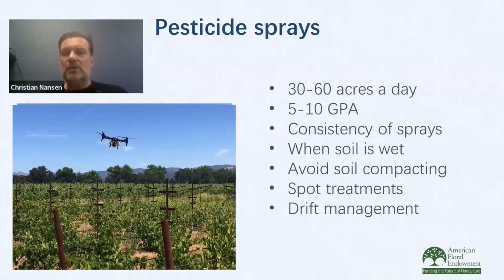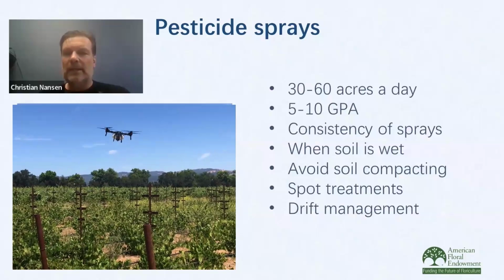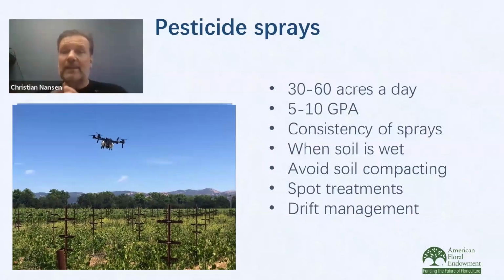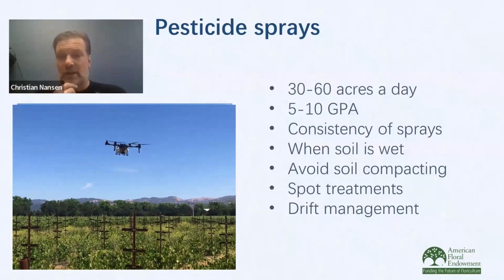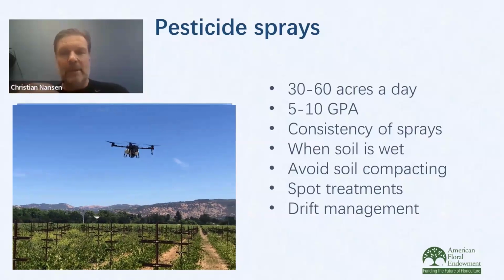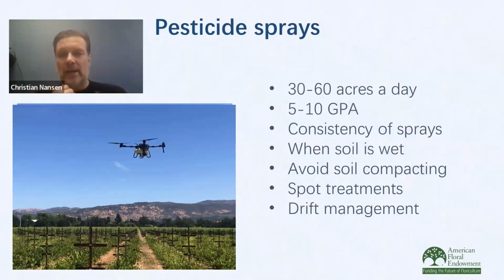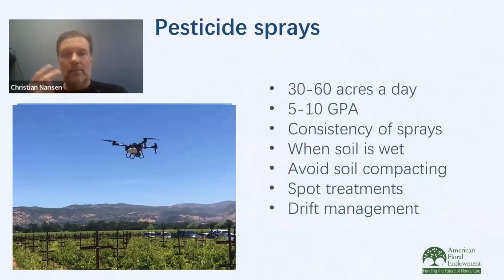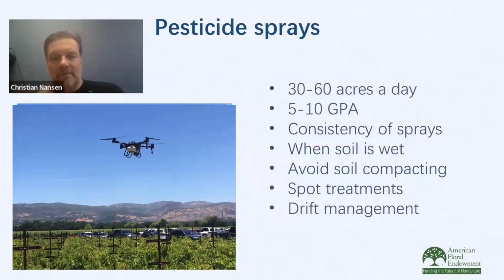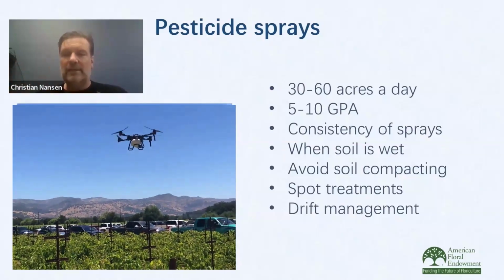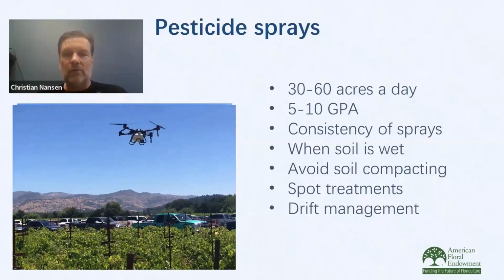And just to give you some specs, if you're not familiar with this, these drones can actually fly decent acreages in a single day. And depending on how big your spray rigs are and whatnot, I don't know that you can compete with this. So potentially faster than getting your sprays done, much faster than if you go with a ground rig.